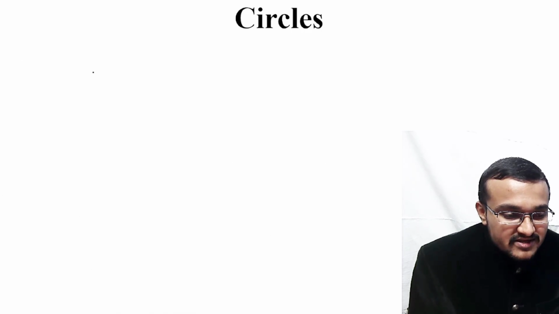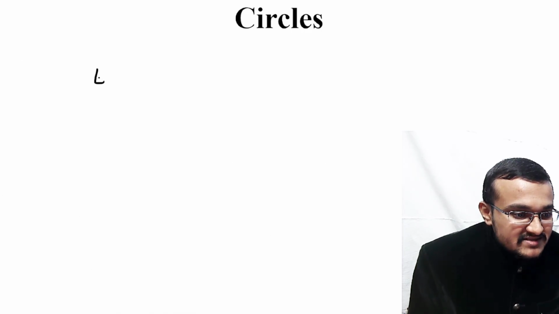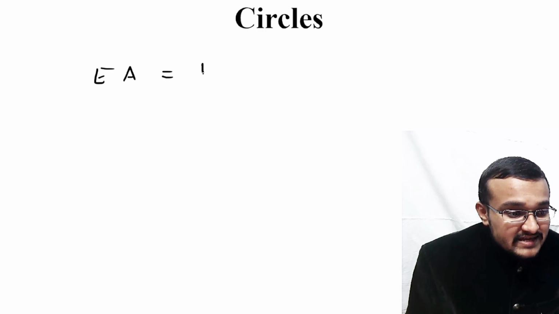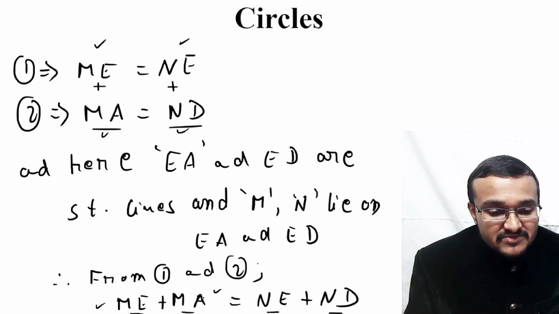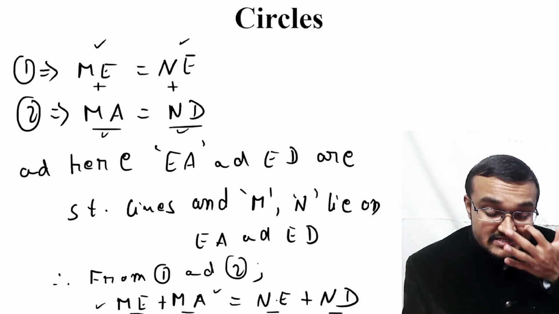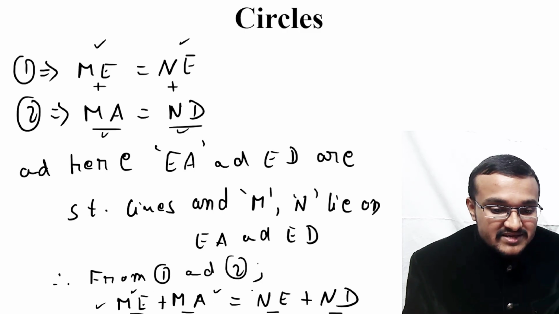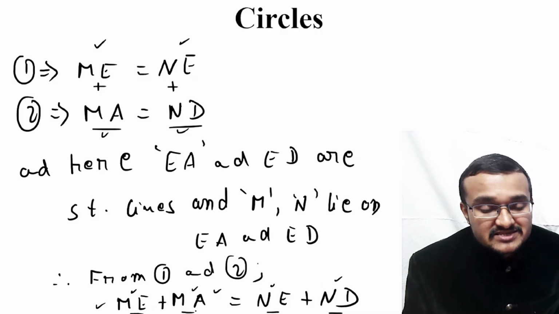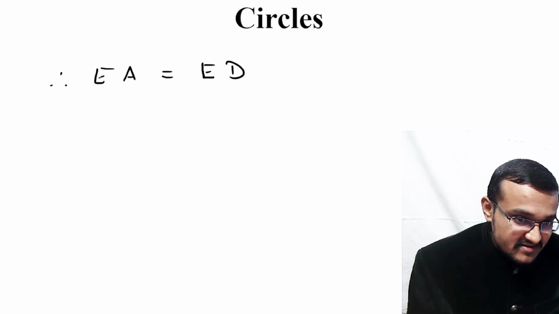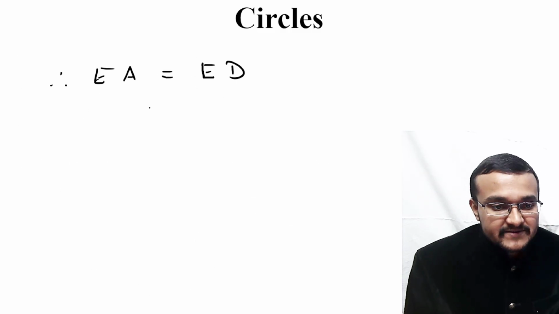Therefore ME plus MA, which is EA, is equal to NE plus ND, which is ED. So that means EA is equal to ED.